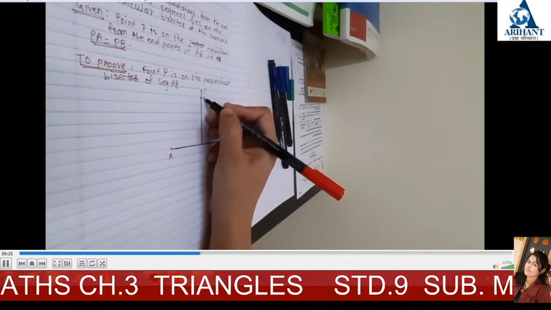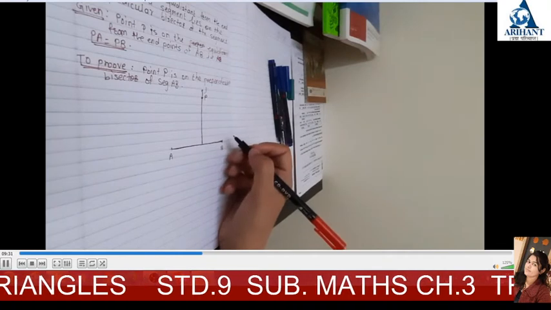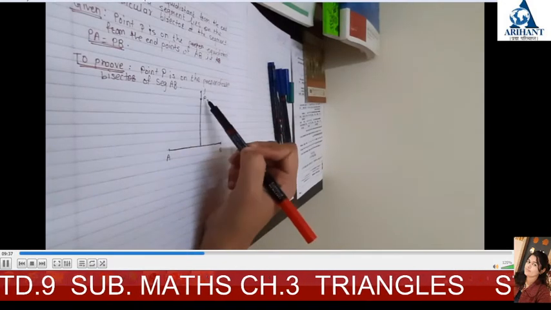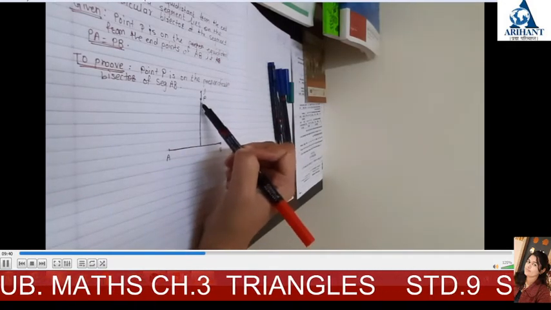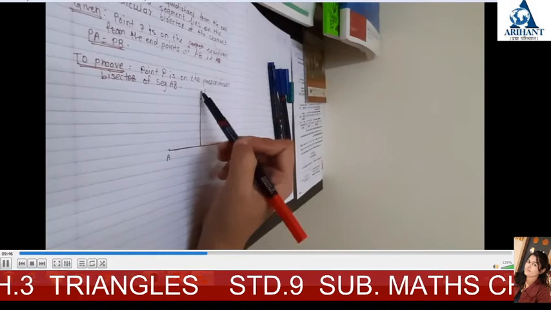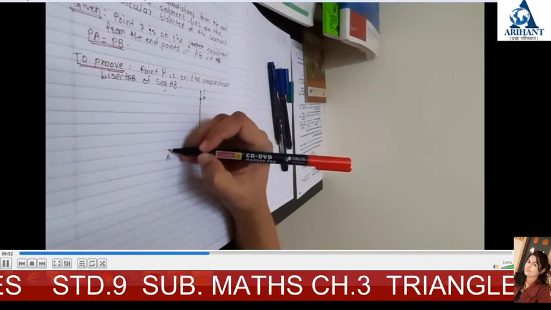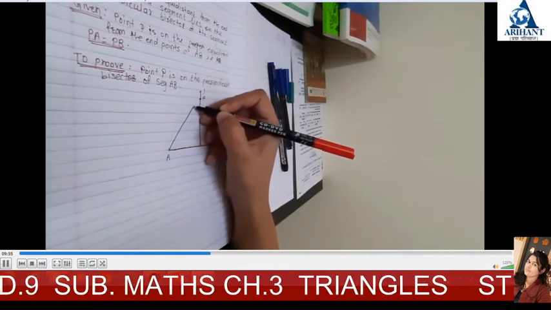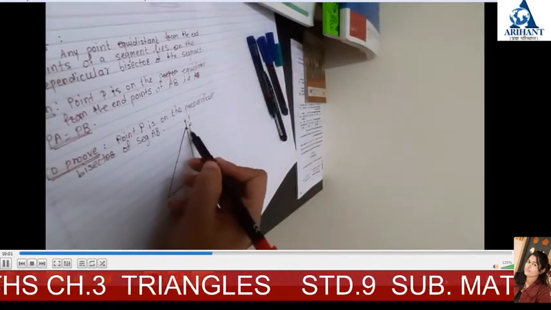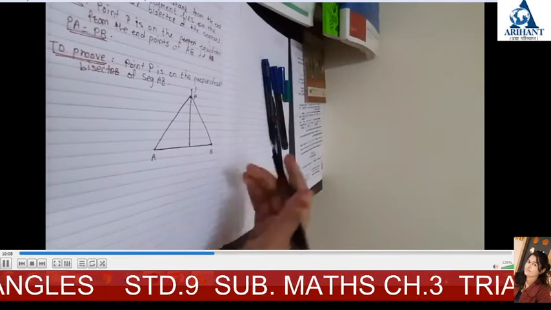And here any point on the perpendicular is P. Point P is equidistant from the endpoints of the segment, that is points A and B. So this is the given part.